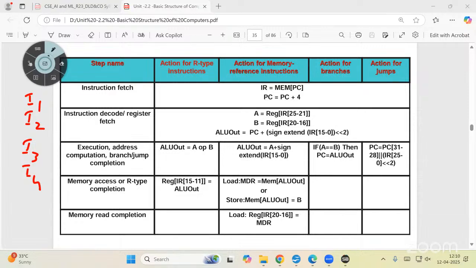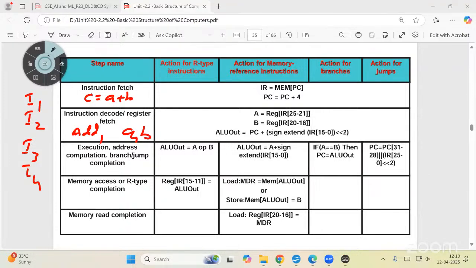Then after decoding, execute, which means perform the addition A plus B. Here the instruction is C is equal to A plus B. So here you can separate the add operation and A, B. A and B are operands and plus is the addition operator. So the processor is instructed that we are going to perform addition and the variables are A and B. That is the decoding operation.